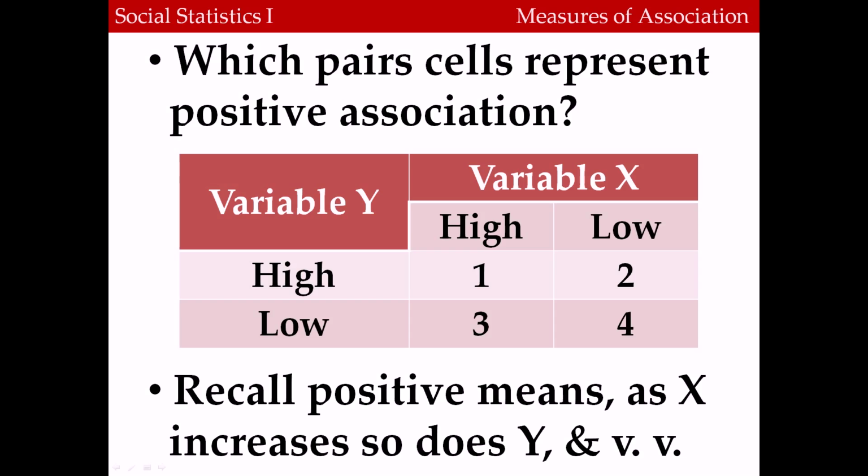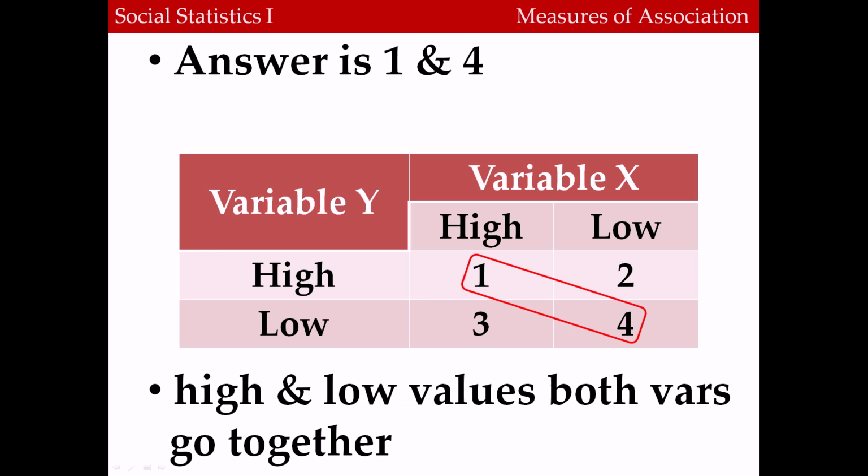That is, we're looking for a combination of cells that are high on both variables and low on both variables. Cells 1 and 4 give us that combination, because cell 4 is low on both x and y, and cell 1 is high on both x and y. As we go from cell 4, low on both, to cell 1, high on both, that's a positive association.